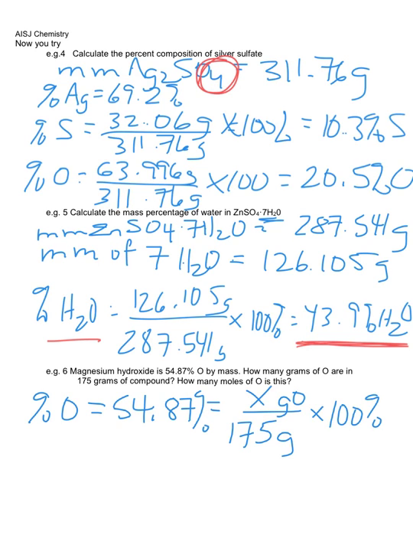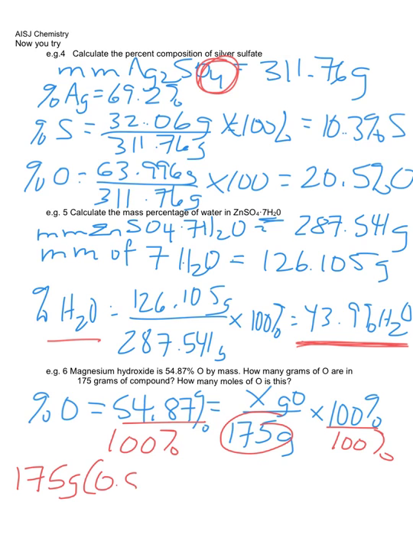So we can do some algebraic math here, and we divide both sides by 100% and multiply both sides by 175 grams, so that we are left with 175 grams times 0.5487, which gives us 96.02 grams of oxygen in these 175 grams of magnesium hydroxide.